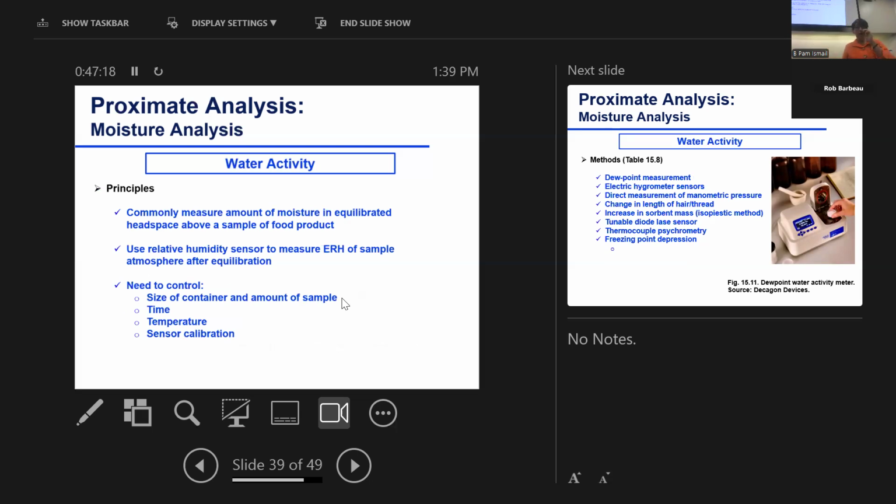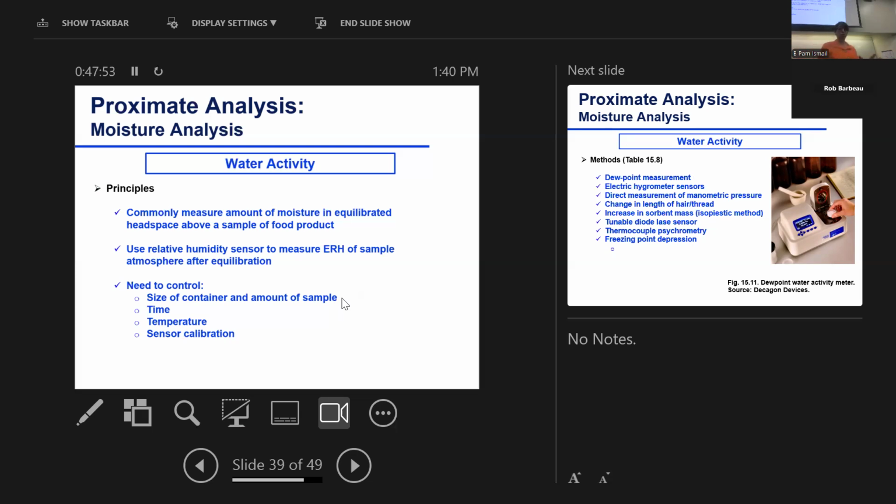So water activity, let me finish this in 2 minutes. You're measuring, we talked about that, at equilibrium the partial pressure of moisture vapor over the pressure of pure water. So we talked about that. You only measure water activity, or at least plot an isotherm, when you have equilibrium.